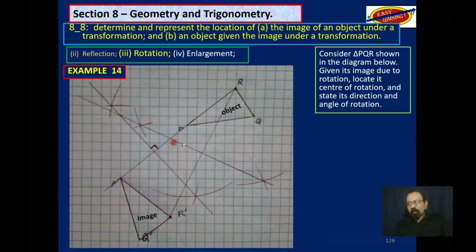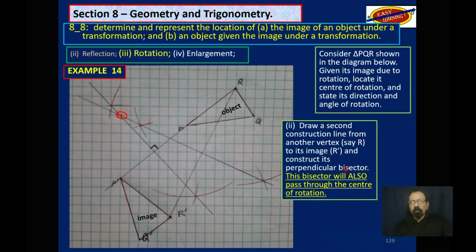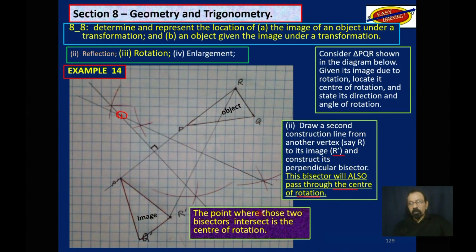We bisect this, which is this bisector, project it, and where the two bisectors intersect, since they both pass through the same center of rotation, that will be the center of rotation. The point where the two bisectors intersect is the center of rotation. And if you want to try the Q and Q prime, you could try it. You will end up with this same point.